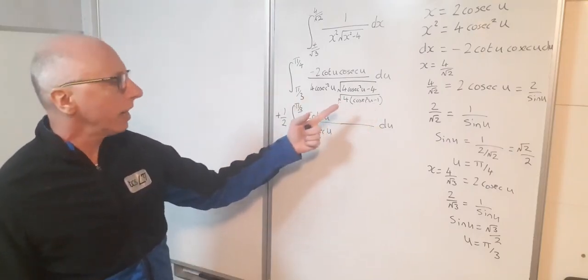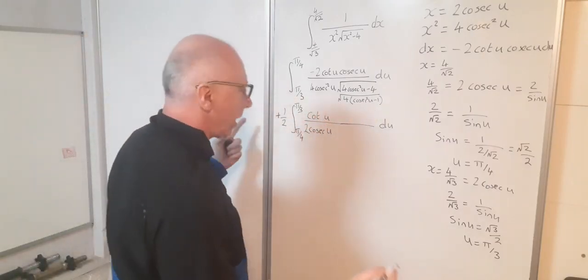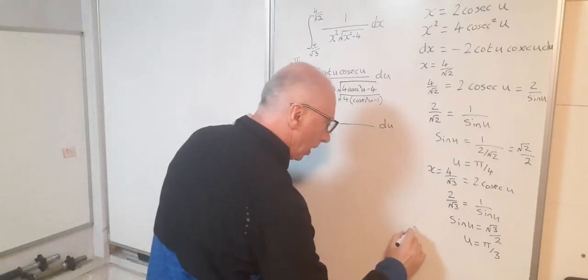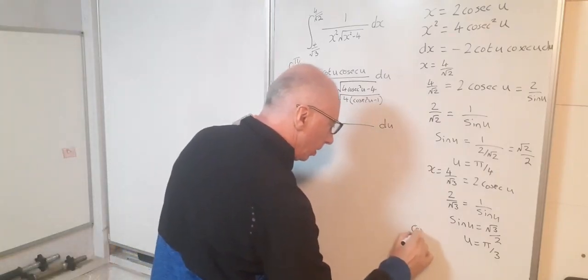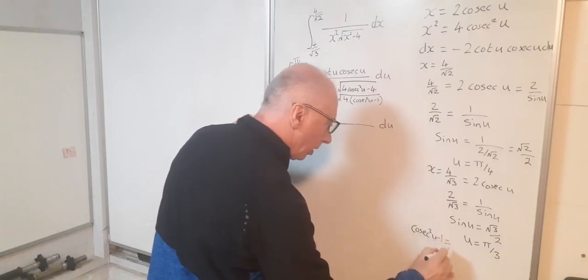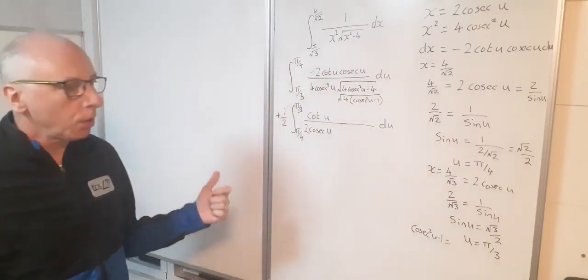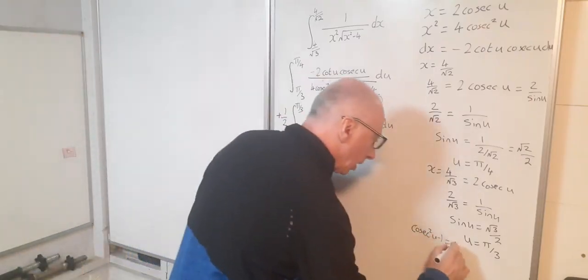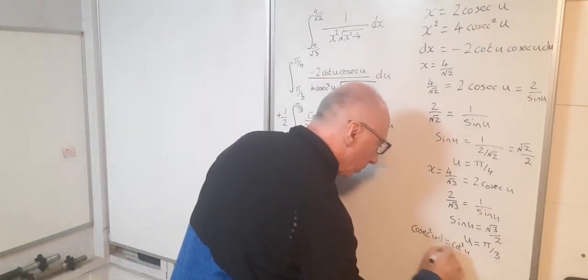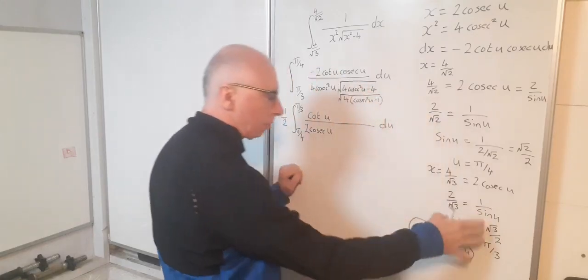Well, I've got a trig identity there, so let's write that over here. Cosecant squared u minus 1 gives me cotangent squared of u. Let me put that in its own little box so I don't mix it up with this.